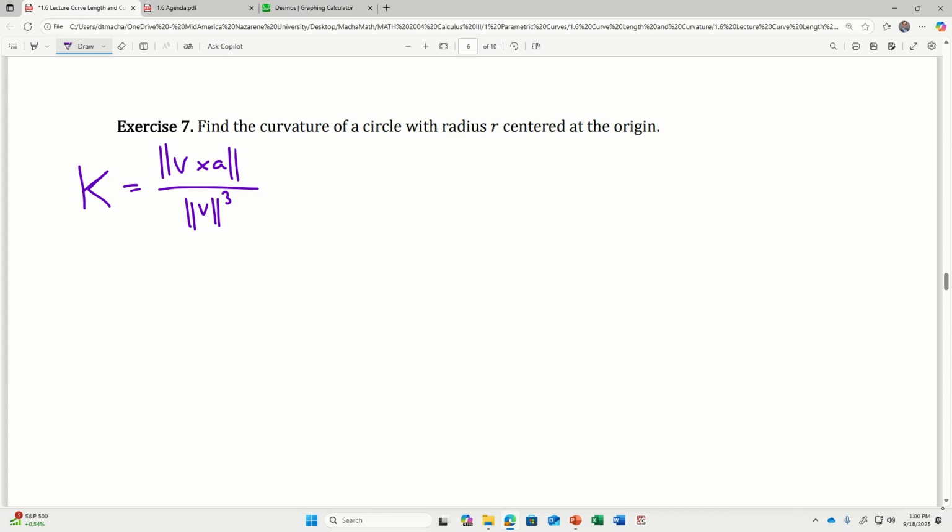And I need the velocity, I need the acceleration, and heck, I even need just a parametric curve to begin with. And so let's talk about what this parametric curve would look like if it's a circle with radius r centered at the origin. That would look like r cosine of t, r sine of t, 0.